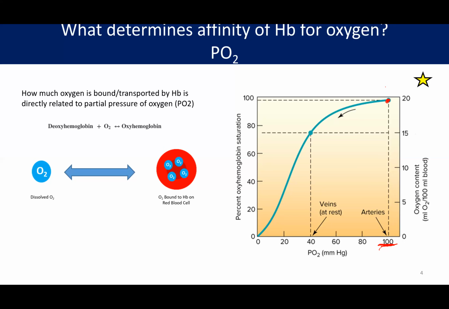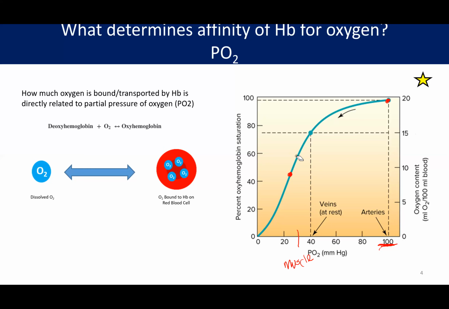Now, in our muscle, if we write muscle down here, muscle is usually somewhere around 30 millimeters of mercury, which means that when the hemoglobin gets down to the muscle, it's only going to be about 50% saturated, meaning that it lets about 50% of the oxygen off.